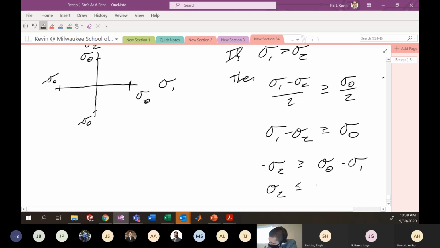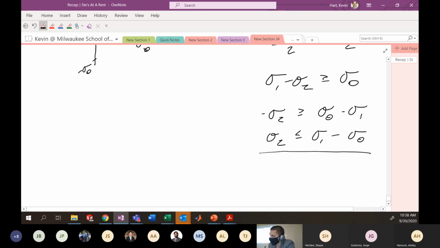This is what it would look like. Here, this is one line in our failure envelope that defines one of the boundaries.